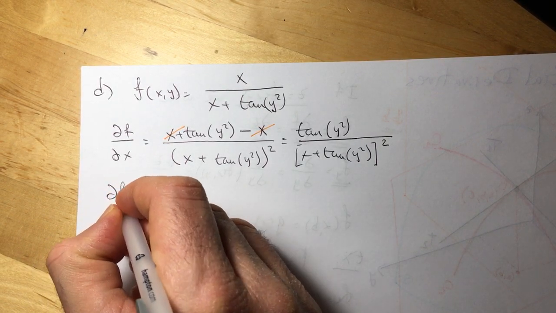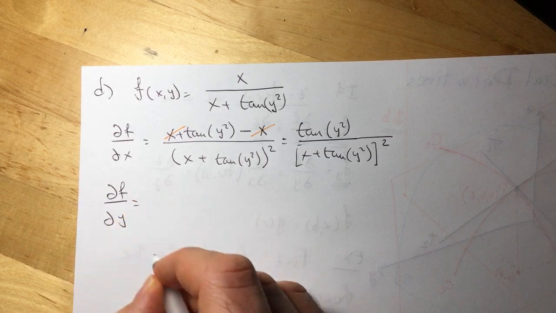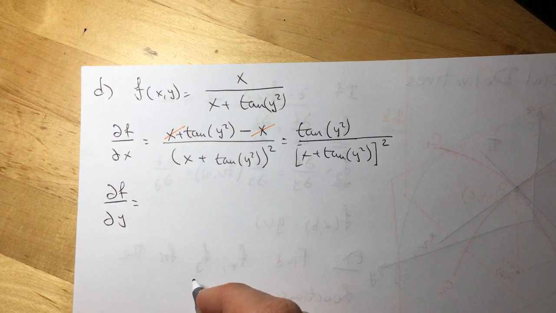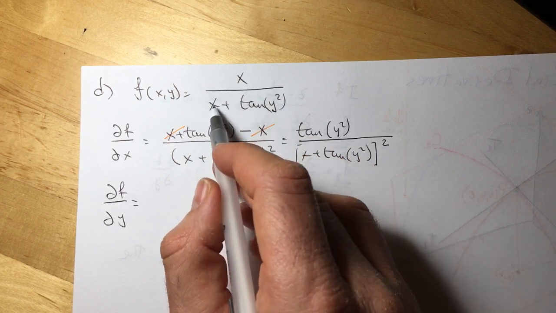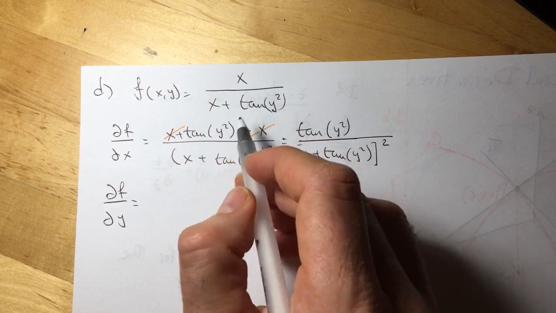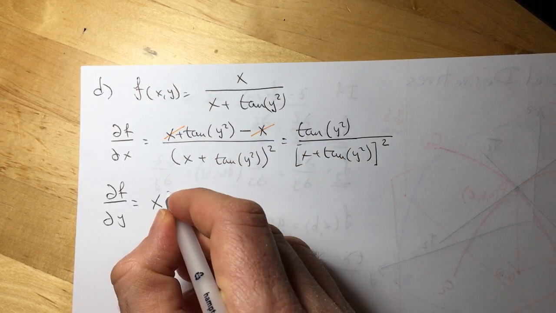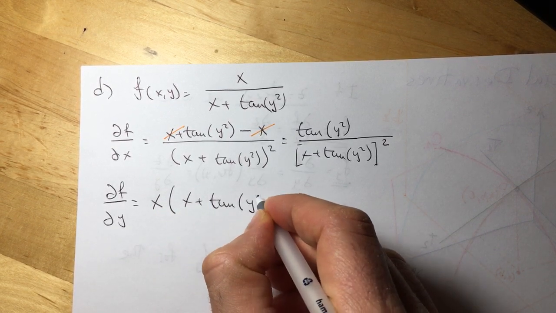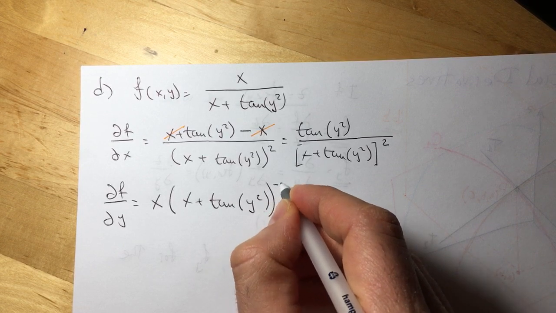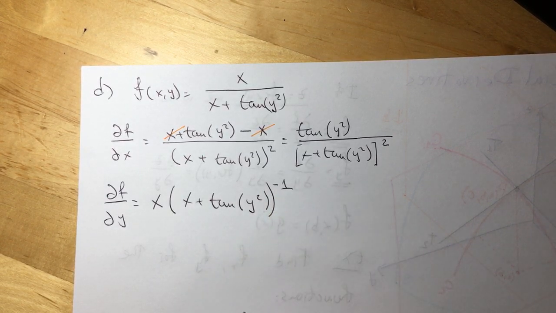And then partial f partial y. Because variable y exists only in the denominator, this whole expression can be written as x times x plus tangent of y squared to the power of -1.